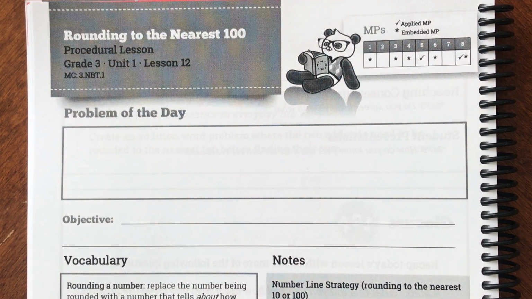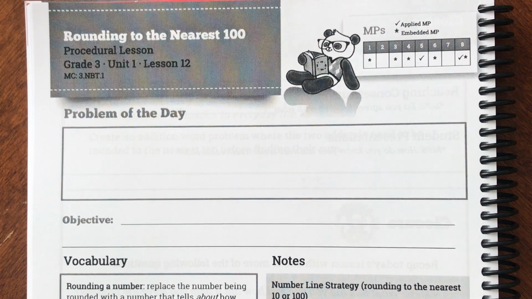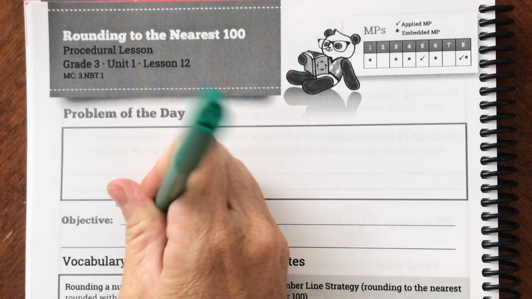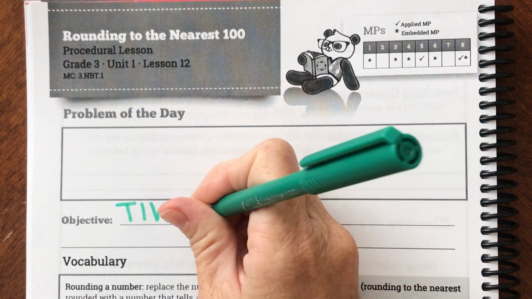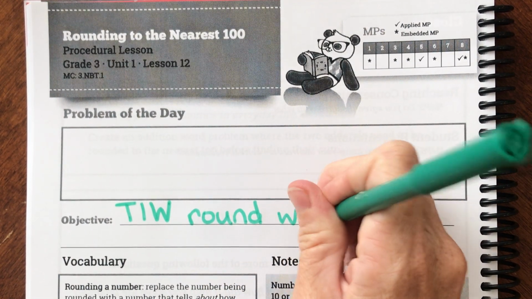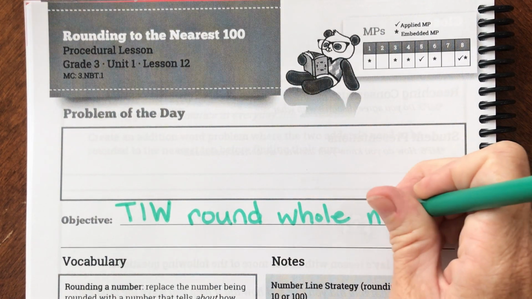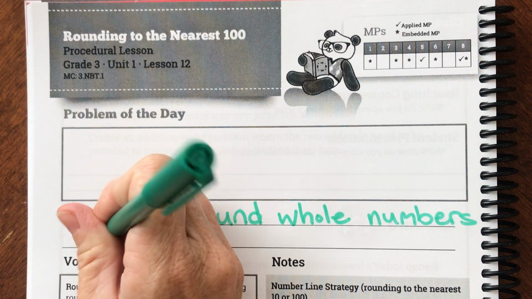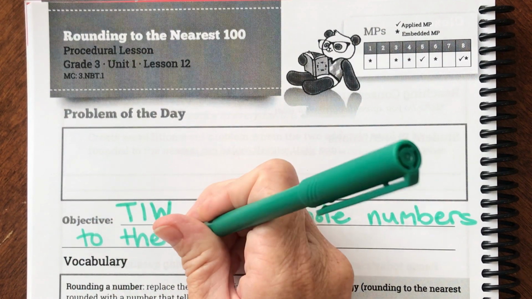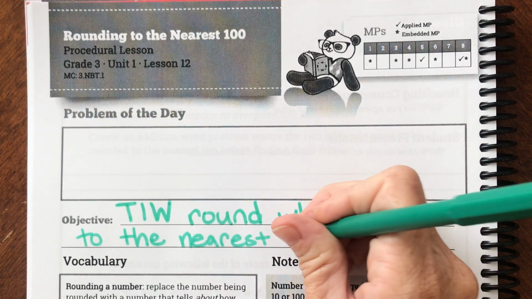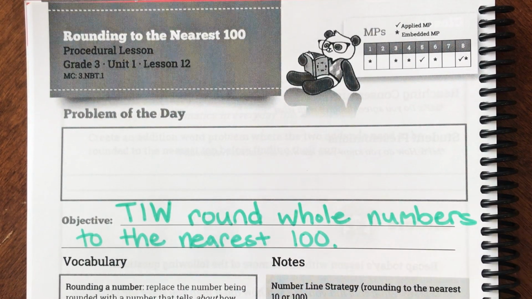Today we are on page 73 of your student journal, and our objective for the day is: today I will round whole numbers to the nearest 100.